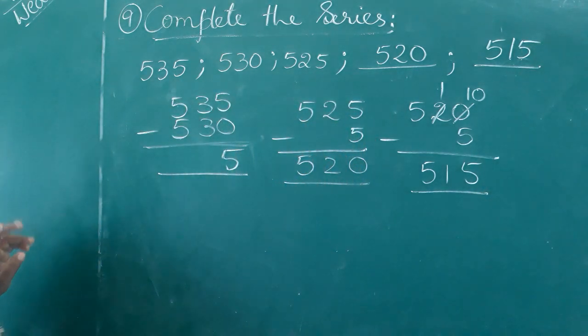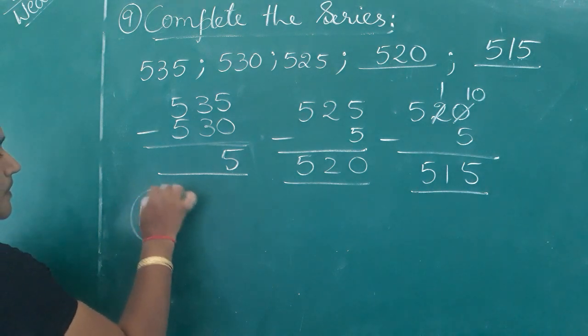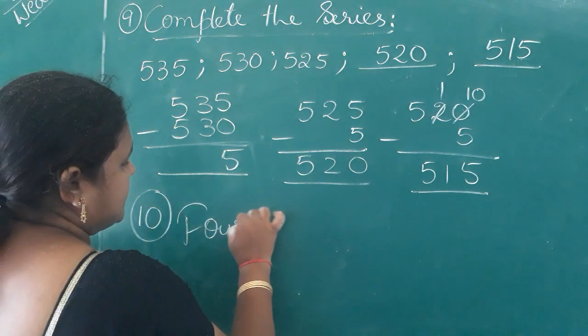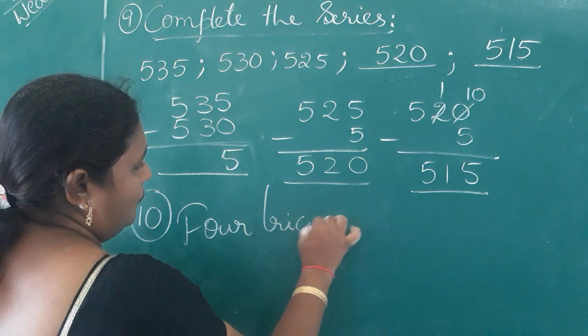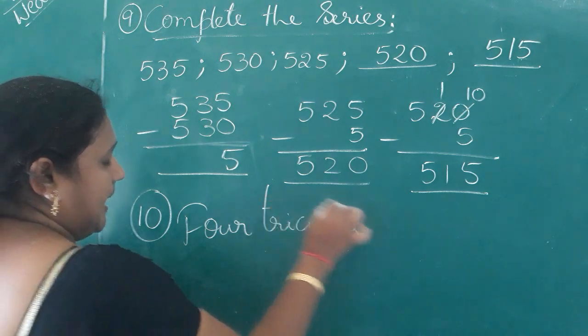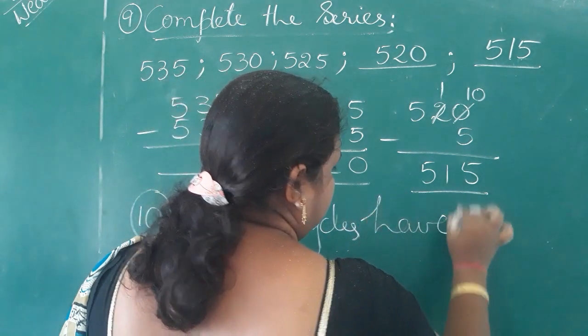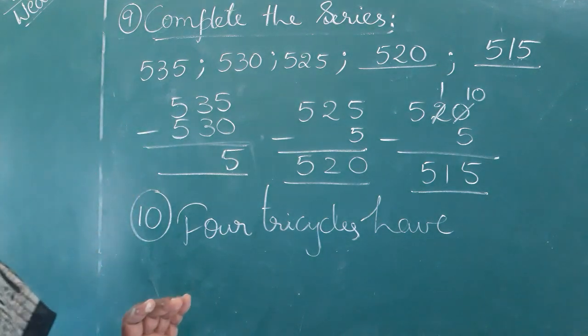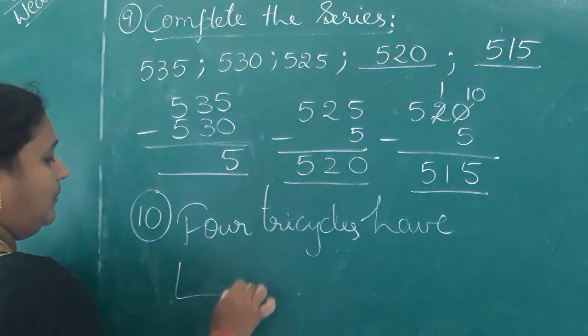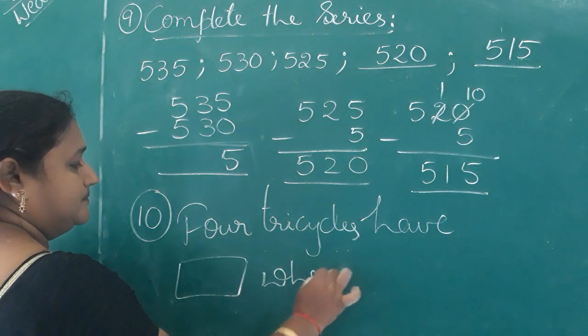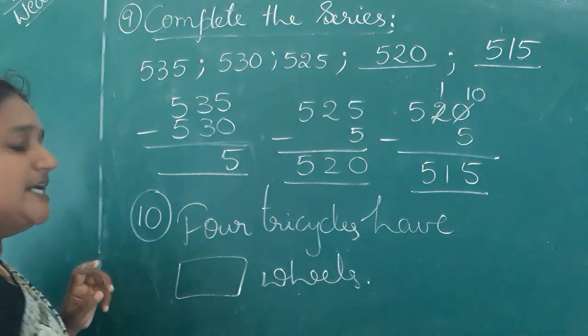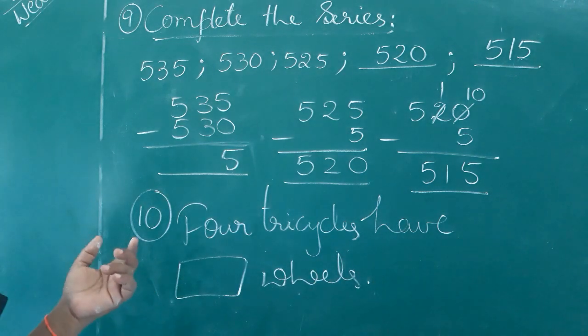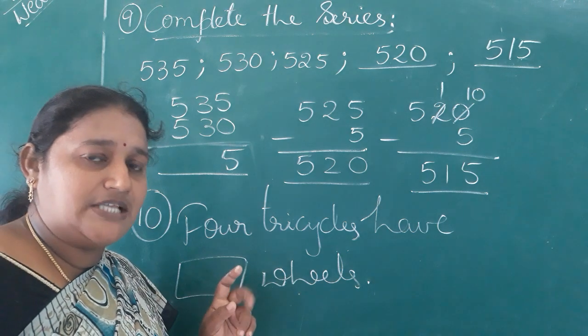At last one, 4 tricycles have how many wheels? Children, if you observe, a cycle has how many wheels? 2 wheels.